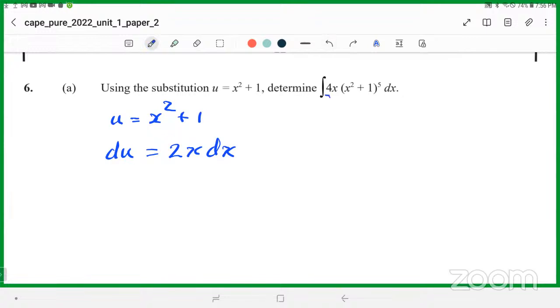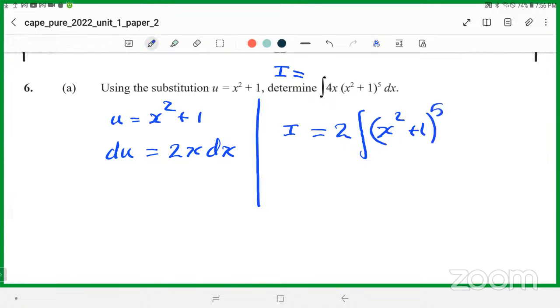You see, this 4x, as I said, I'm going to split it up. So first I'm going to call this integral I. I'm going to factorize the 2 out of this. Put back the integral. This 2x that is left, I want it beside the dx because I'm trying to generate the 2x dx. So I'm going to put back x squared plus 1 to the 5th power, and then the 2x left after I factorize the 2, I'm going to put beside the dx.